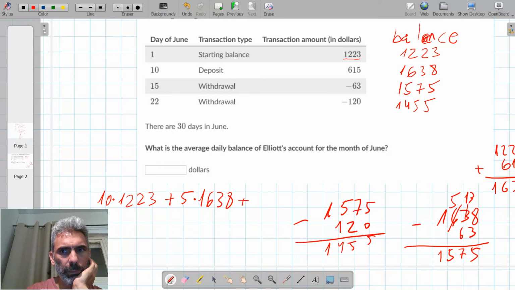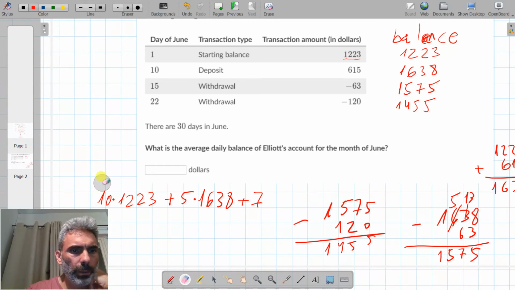And for 7 days, from June 15 to June 22, the balance was 1,575.